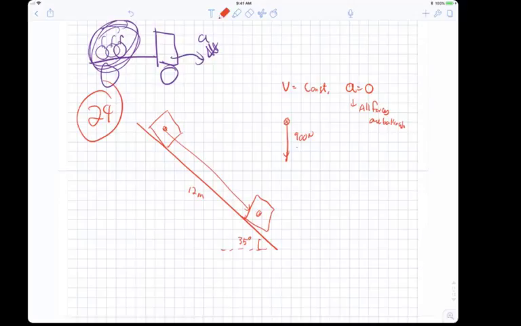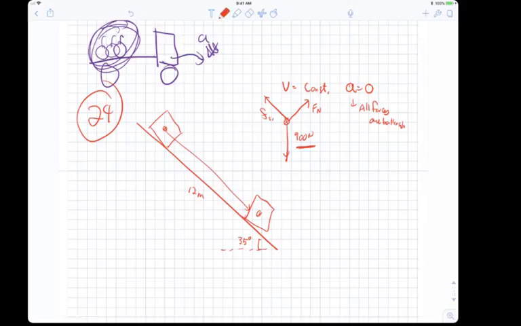There's gravity, there's a normal force, and there's a friction force. There must be, because otherwise it would accelerate. Okay, so we know they're all balanced, but that's not the question. The question is, how much energy is created? And the idea here is that the different forces on it will do different amounts of work.